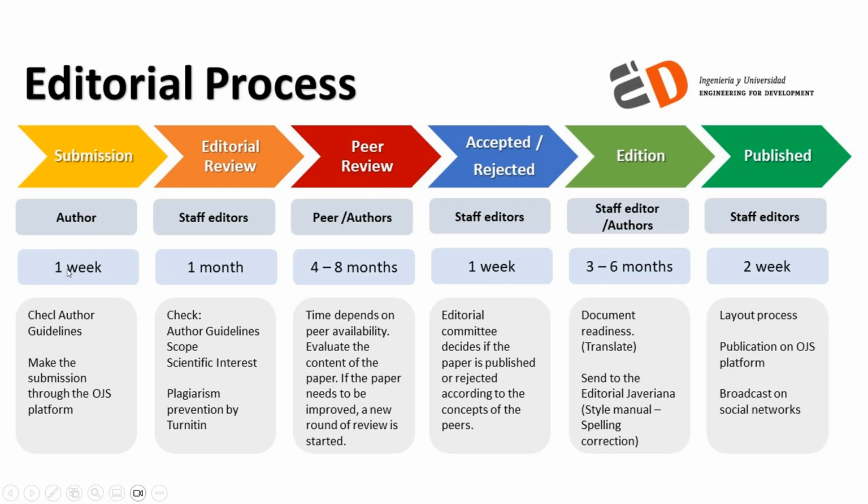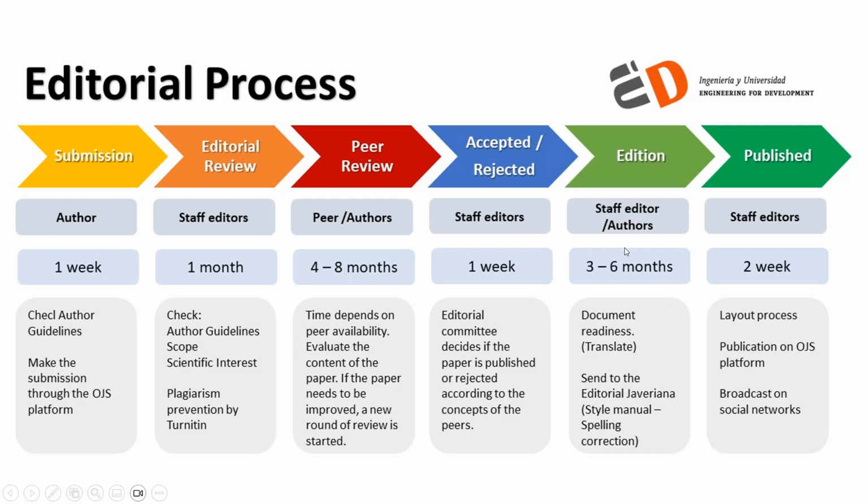So if you see the time duration, if it starts from the author submission, roughly 1 week. This is an average. It is not hard and fast. So submission roughly 1 week. Editorial office review process depends on the journal. Sometimes it goes beyond 1 year, sometimes it will be 1 month. So it goes from 1 month to 8 to 10 months. Then the decision by the editorial office roughly 1 week.